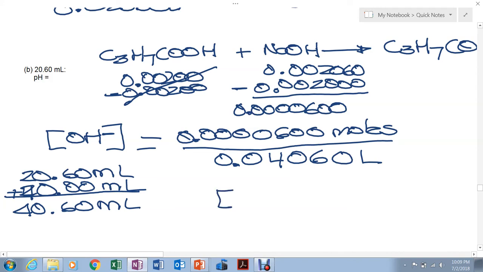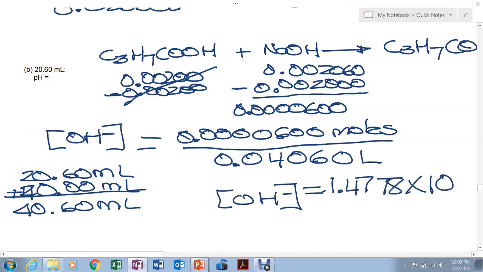So the concentration of hydroxide equals 1.4778 times 10 to the negative 3 molar.